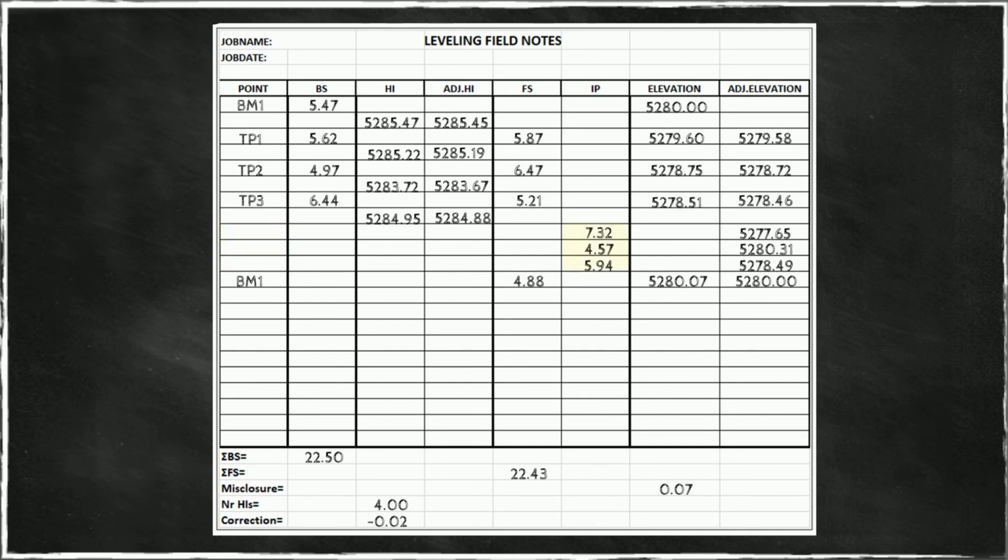And from these intermediate readings, which are all really foresights, I take this height of instrument minus that, which gives me that elevation. This height of instrument minus that gives me this elevation, and this minus that gives me this elevation. So I now have intermediate point elevations that are subject to the adjusted loop, the adjusted traverse.